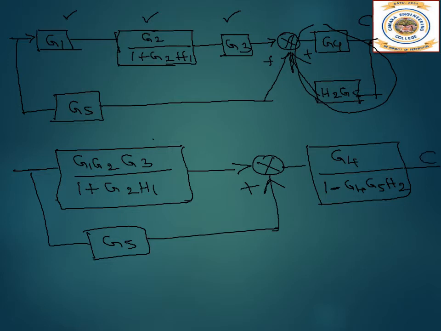Now how are this and this block connected? See, how is it connected? Say takeoff point here, and this is a summation point. Both are converging here, both positive, right? So these are connected in parallel. So they are connected in parallel, so we have to simply add it up, right?